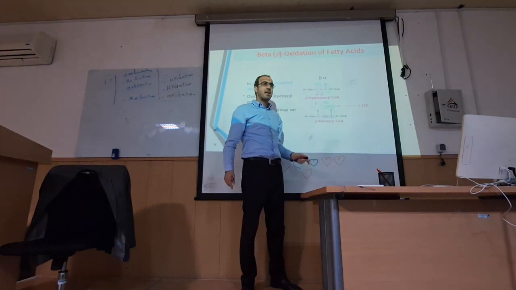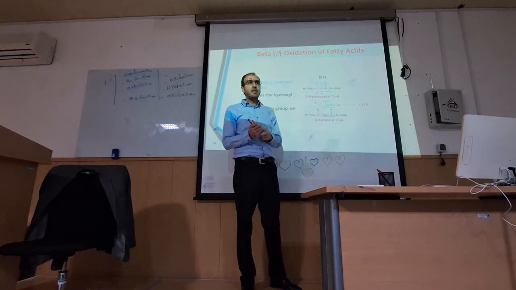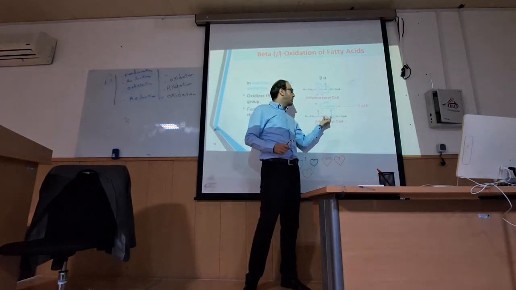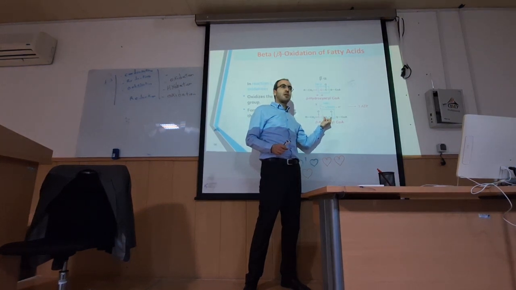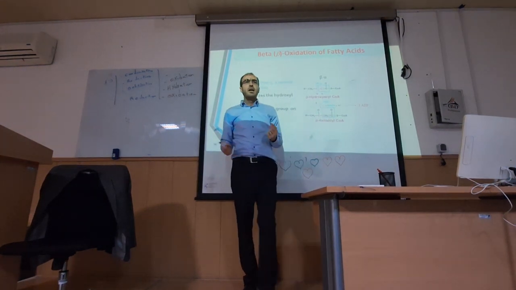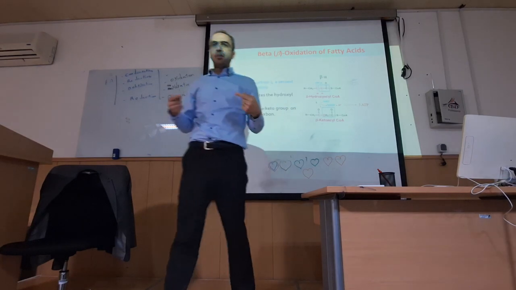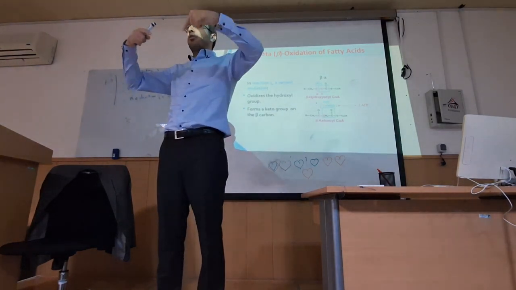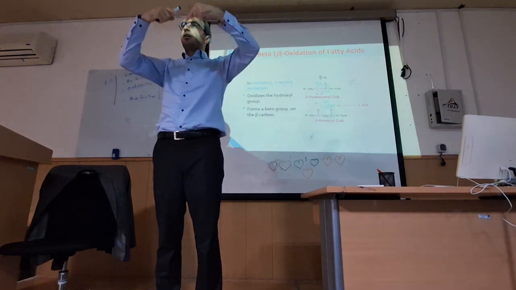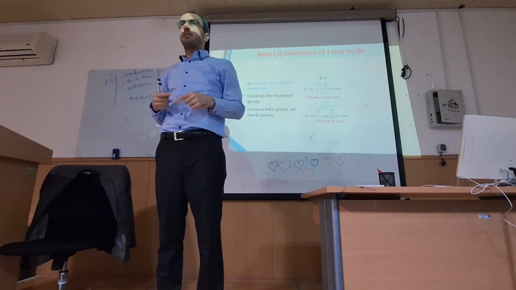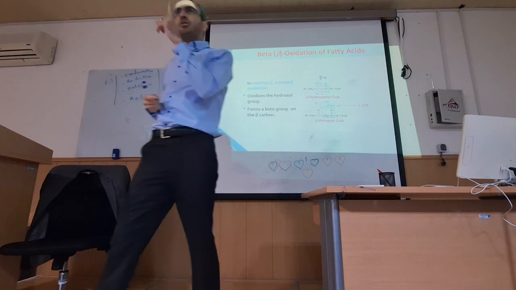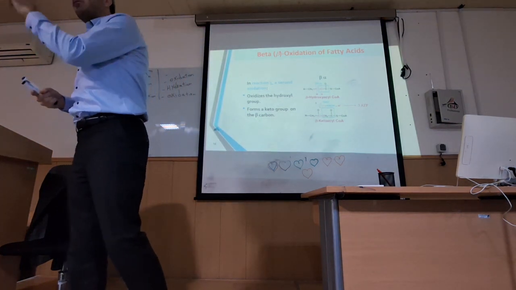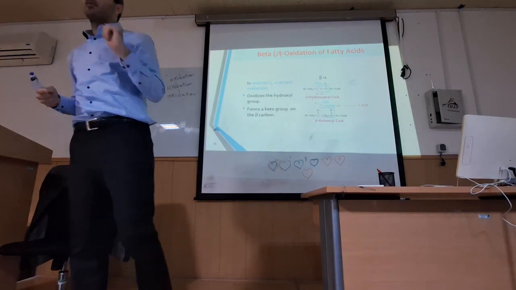Then, if you remember the structure of acetyl CoA, it just consists of two carbons. In fatty acid synthesis, we assemble acetyl CoA molecules two by two to make a fatty acid. Here we are going to cut off every molecule of acetyl CoA during these four steps.